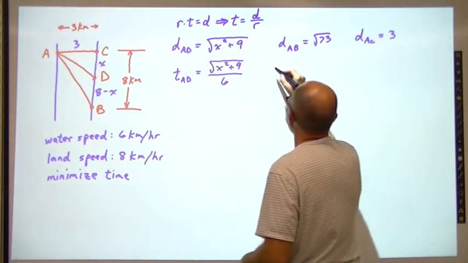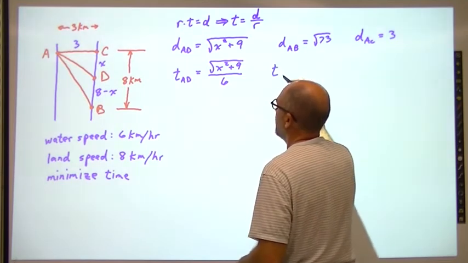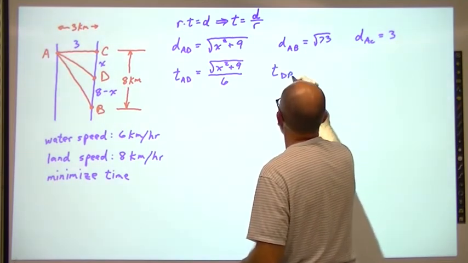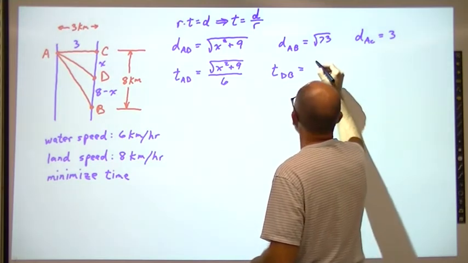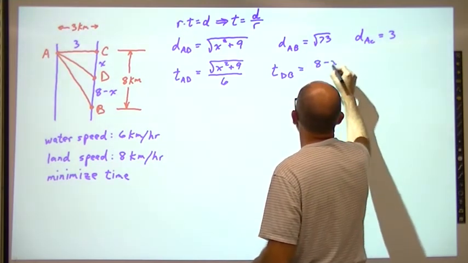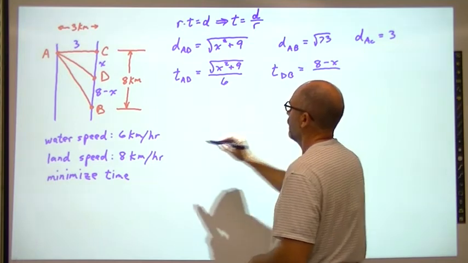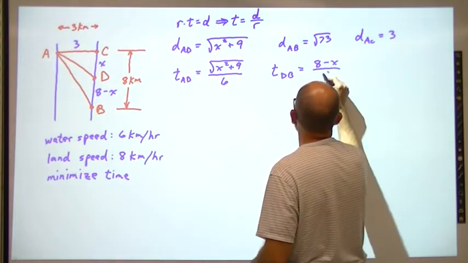And then the time from D to B is going to equal the distance from D to B divided by the rate from D to B.